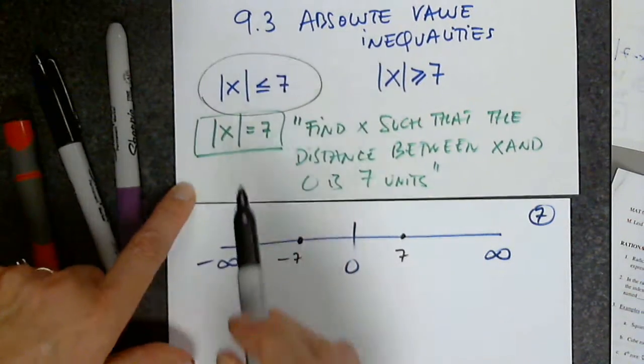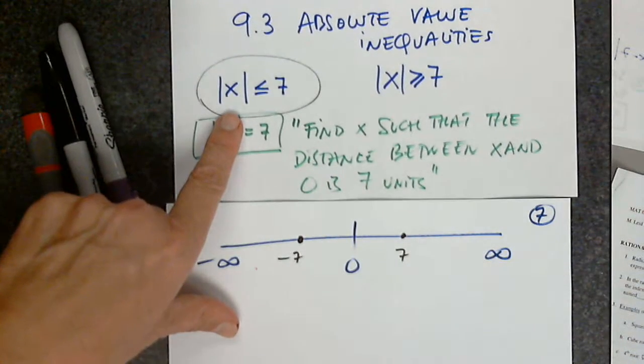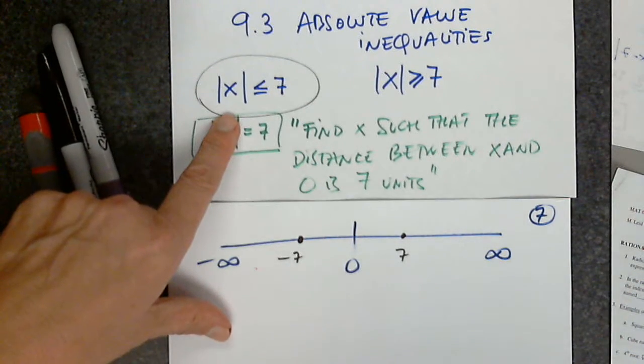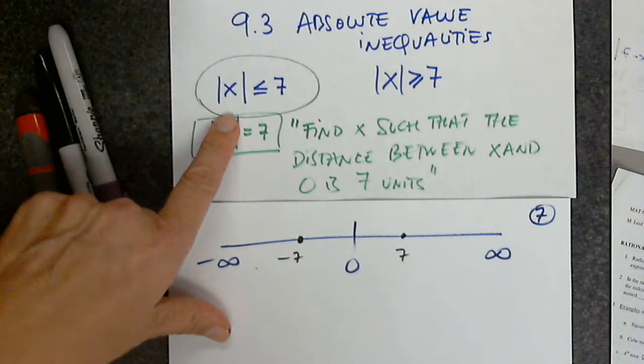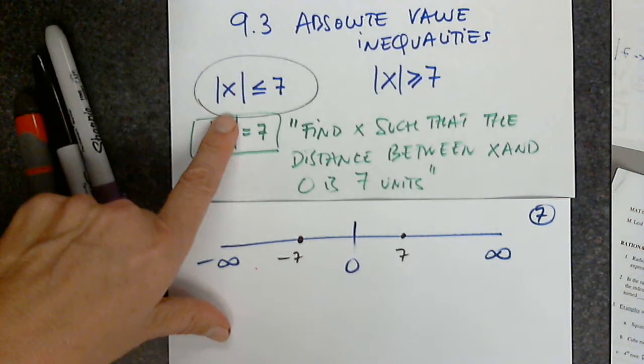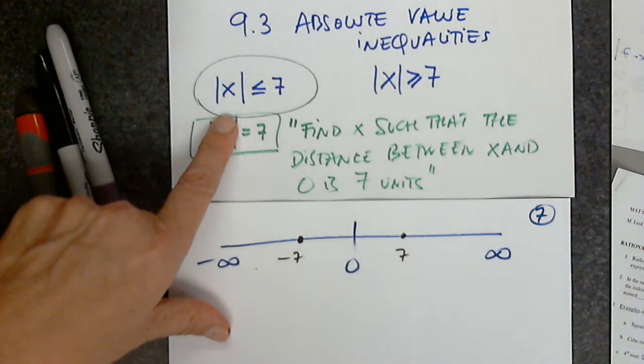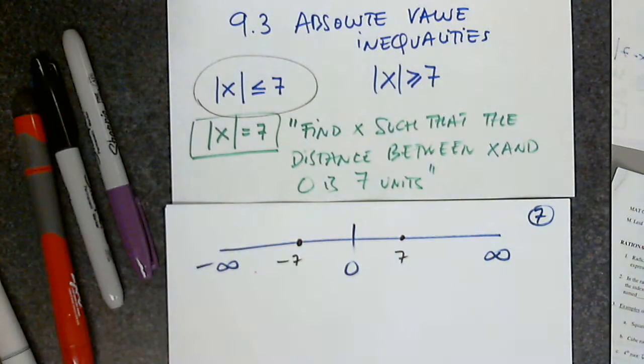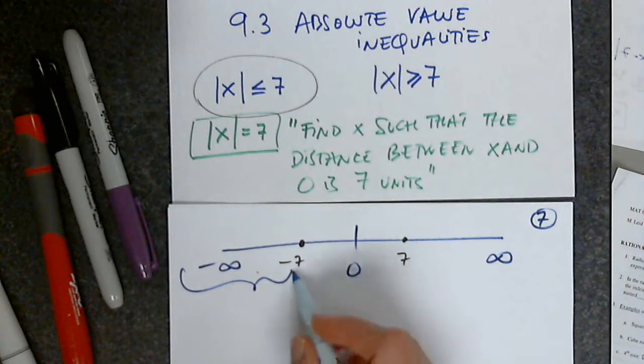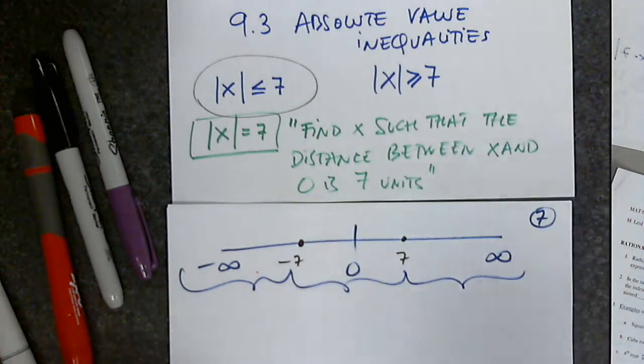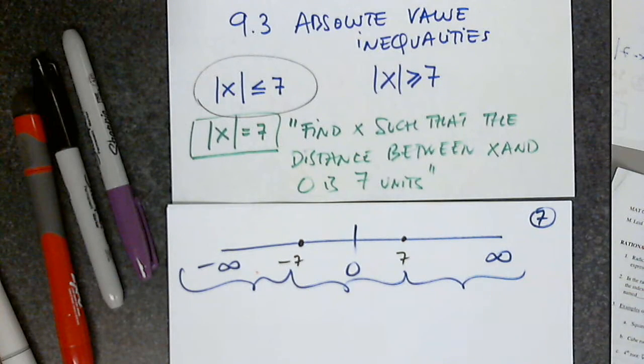Now, one more time, what does this say to us? It says find x values whose distance from 0 is 7 units or less. As you see here, I have 3 possibilities. I have this interval, I have this interval, and I have this interval. Where will I find numbers whose distance from 0 is 7 units or less?